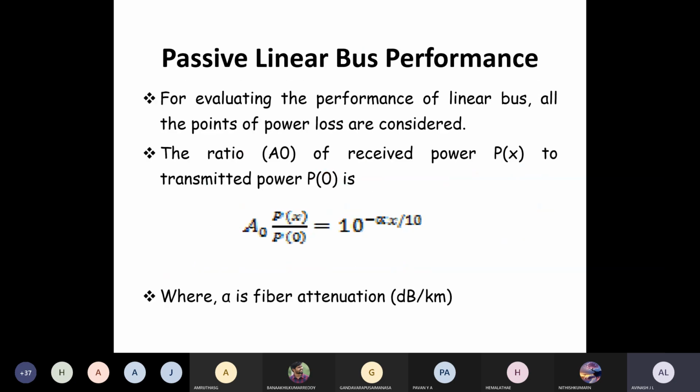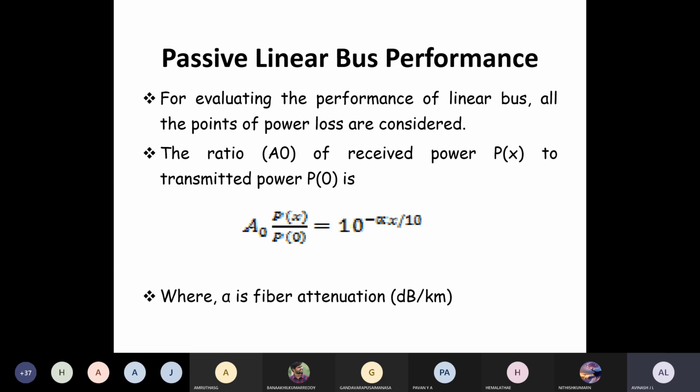Once you've taken this, we'll go to the next thing, that is passive linear bus performance, which we are going to understand. Now we are in the equations format and all of it will come into the picture. For evaluating the performance of a linear bus, all the points of low power loss are to be considered. On what basis do we understand the performance?